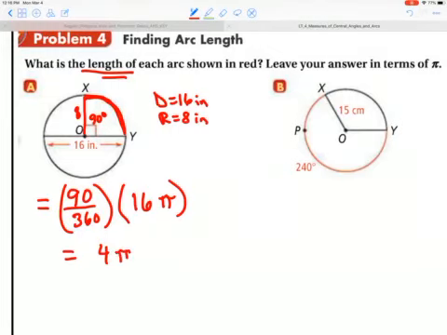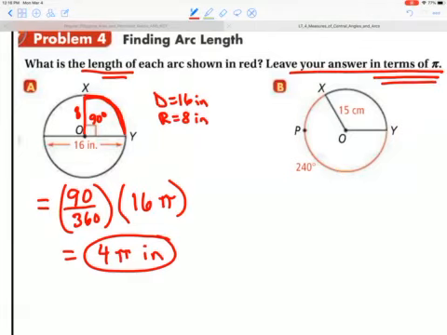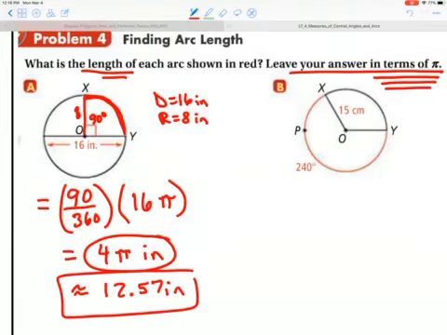I get 4 pi inches. That is my exact arc length. It says in terms of pi. That means give me the exact, and that's what this is. My approximate, if I do 4 times pi, is 12.57 inches.